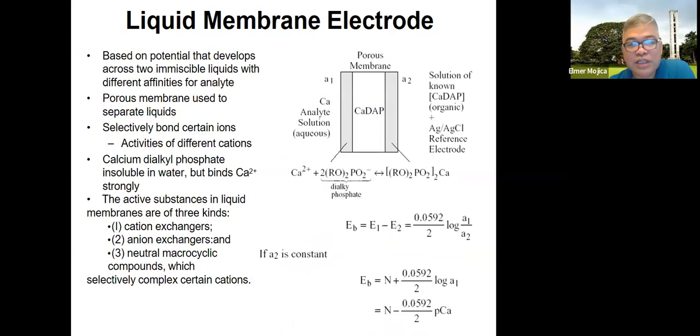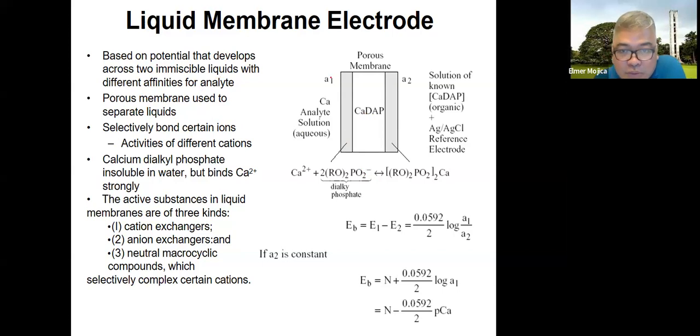And if you look at the phenomena that happen here, it's just based on the potential that develops across two immiscible liquids with different affinities for the analyte. The porous membrane here is used to separate the liquids. Remember, the membrane should be what? Insoluble.